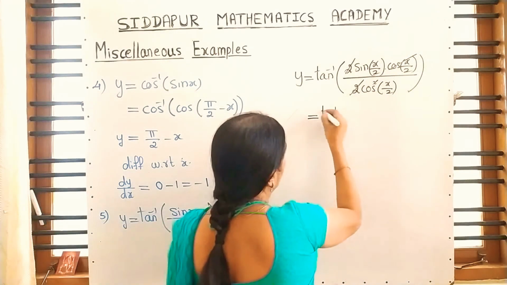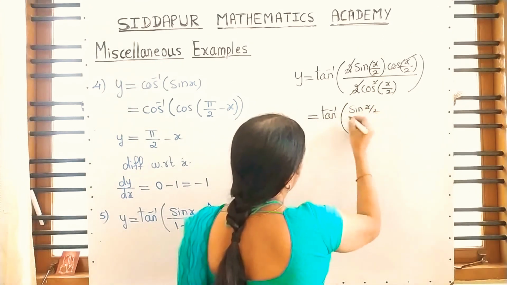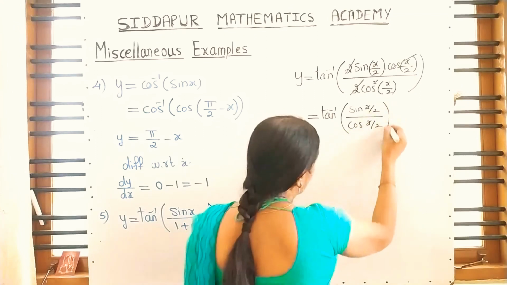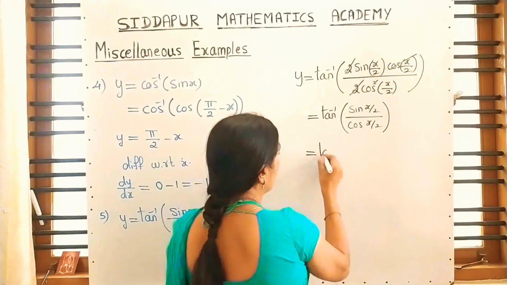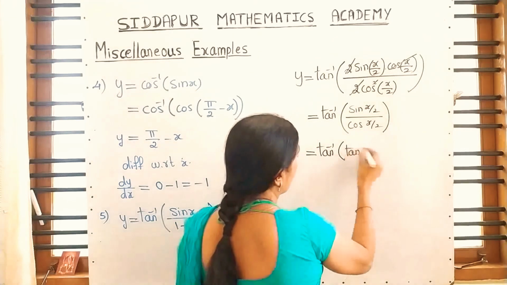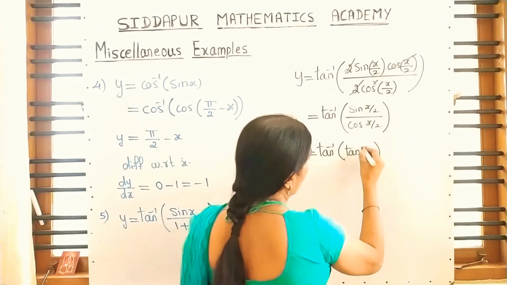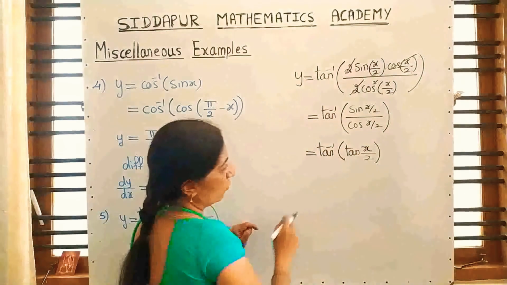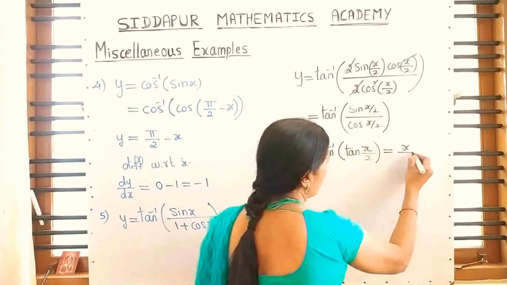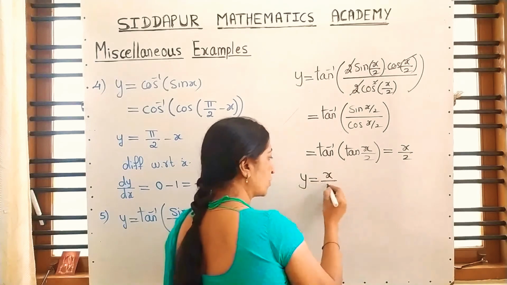This is the tan inverse of sin x by 2 divided by cos x by 2, that is tan inverse of tan x by 2. Again by the basic formula of inverse trigonometry, tan inverse of tan x by 2 will be x by 2. And students, please note down, this is before differentiation.